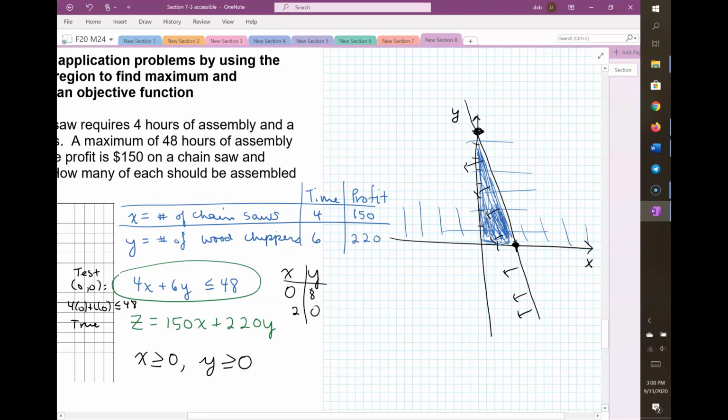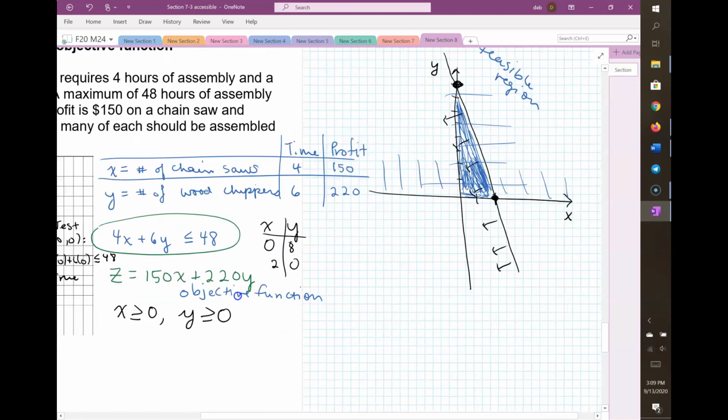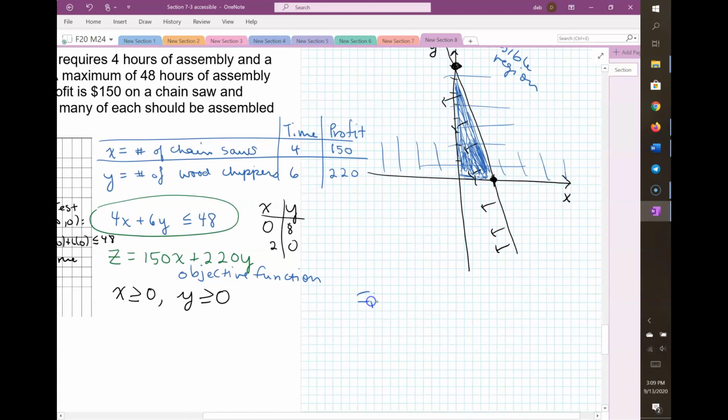Okay, so that's write the inequalities, write the objective function. So this is the objective function. Graph the feasible region. Then the next step is going to be find points.